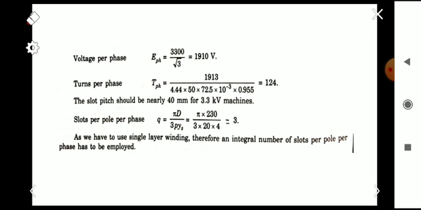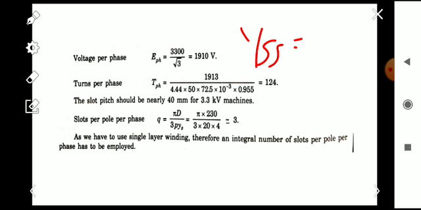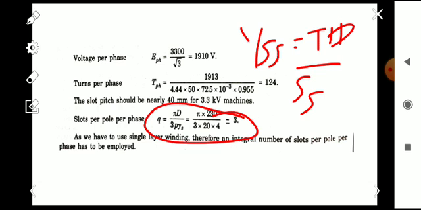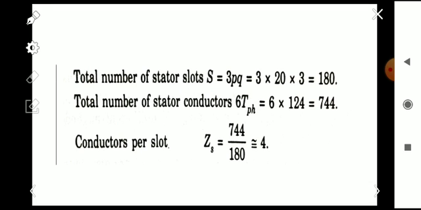In the previous step, if you use the equation YSS equals pi d by SS, we will find the stator slots directly. Or if we use this equation, after that we have to find the stator slots as 3 into p into q.